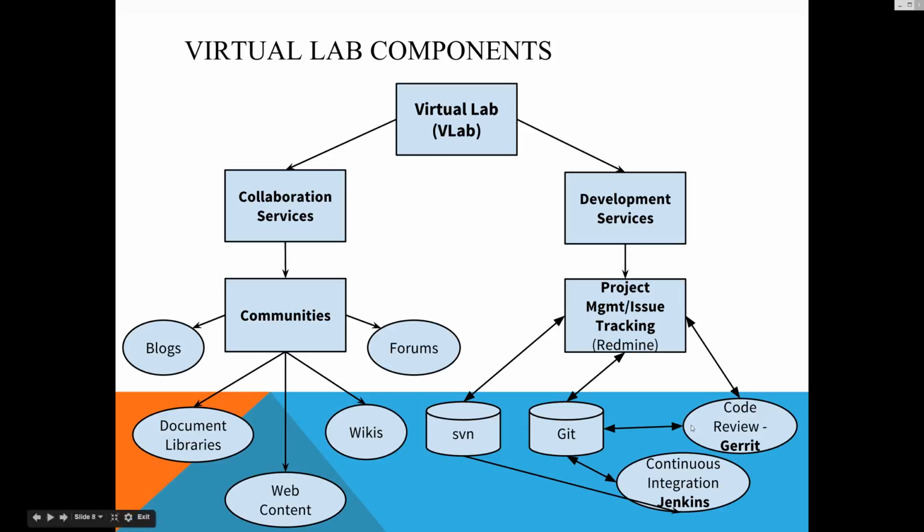That's available for Git. On Subversion and Git, we support something called Jenkins, an open source package that allows you to do continuous integration. What I mean by that is it's building the software. When someone checks something in, you can kick off a build to make sure they're not breaking it.